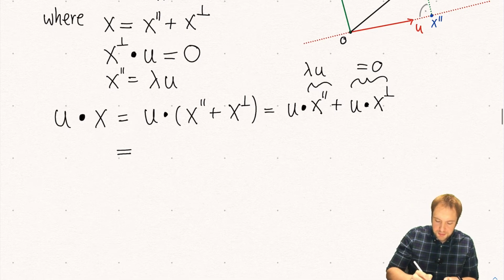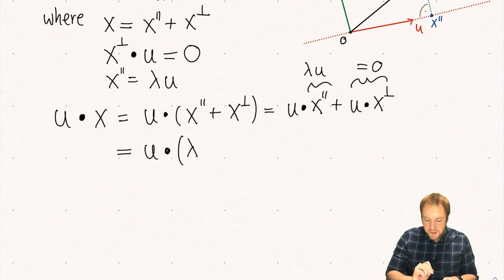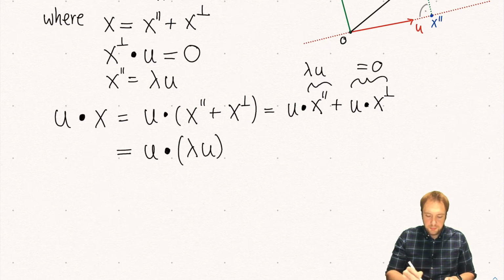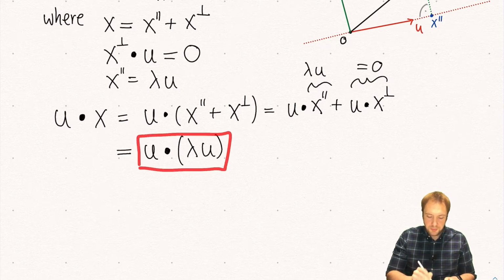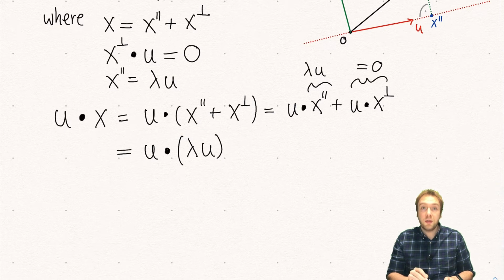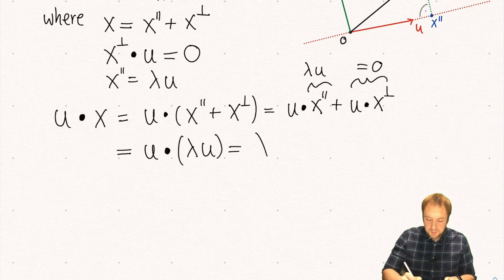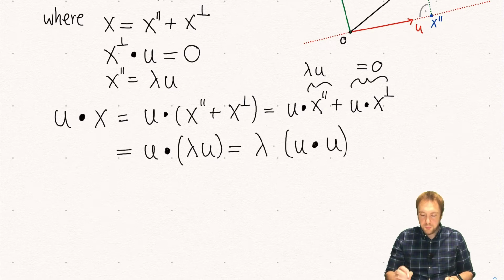So what we get here is u scalar product with the unknown lambda times u. But now we can use the other property that if I take the scalar product of a vector u with a scalar times a vector, then the scalar can go in front, and therefore this is lambda times u scalar product with u.